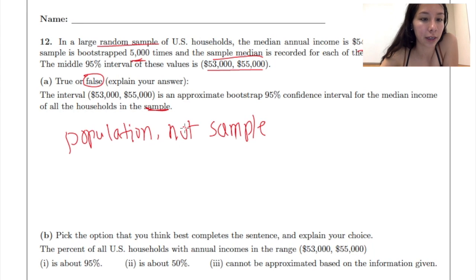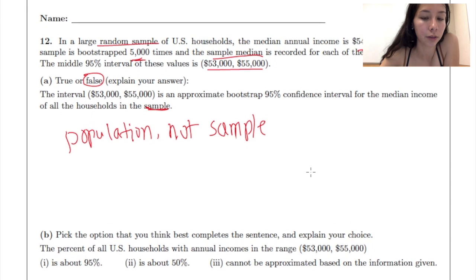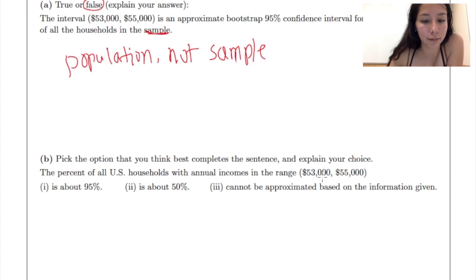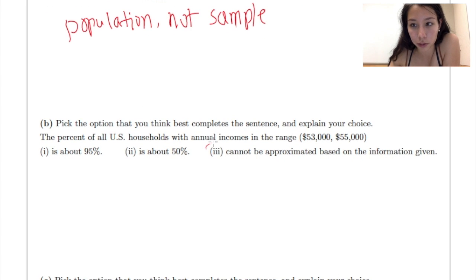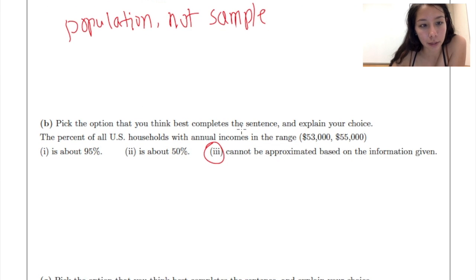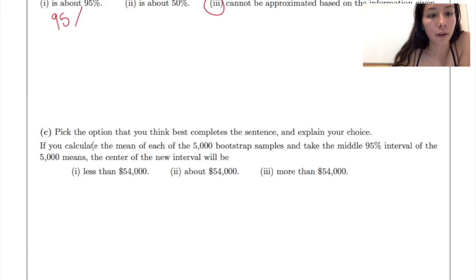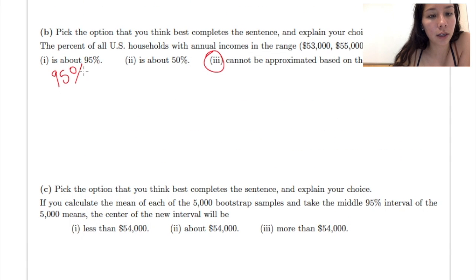It doesn't actually tell us anything about the percent of U.S. households in this range. It doesn't really relate to what we're looking for at all. So that doesn't tell us anything. So this is going to be the 95% confidence interval for the median of the population.